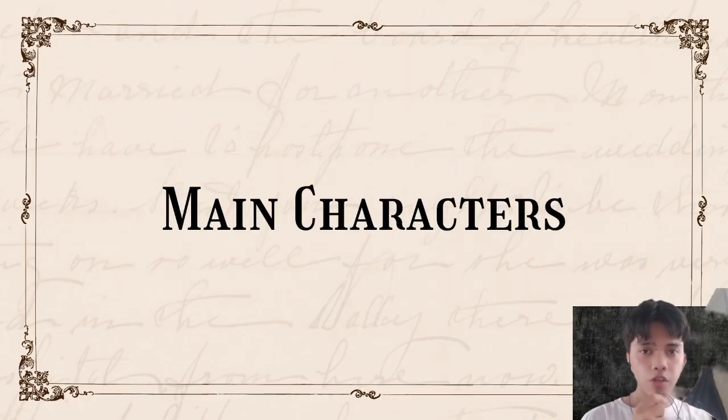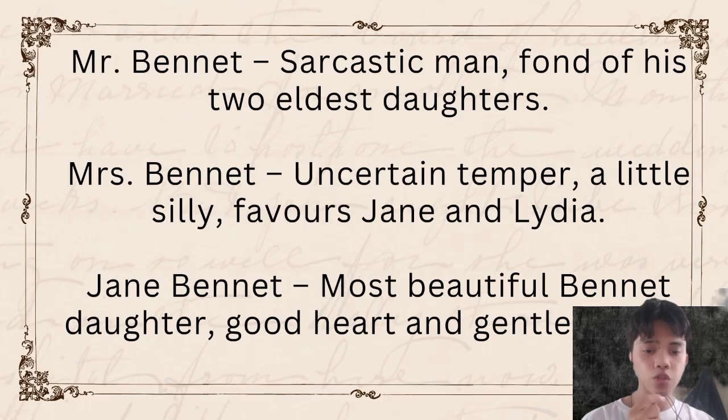Okay, let's talk about the main characters of Pride and Prejudice. First, Mr. Bennet, a sarcastic man, fond of his two eldest daughters. Second, Mrs. Bennet, of uncertain temper, a little silly, who favors Jane and Lydia. Next is Jane Bennet, the most beautiful Bennet daughter, with a good heart and gentle nature.